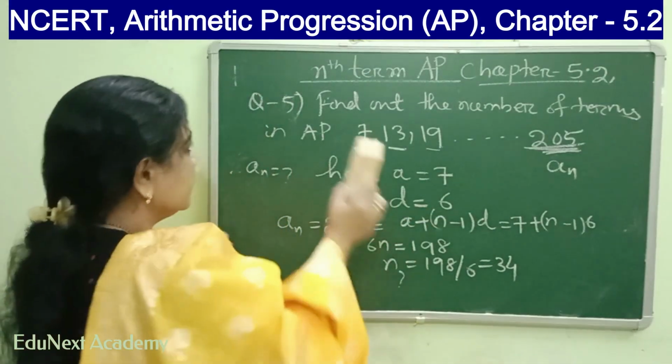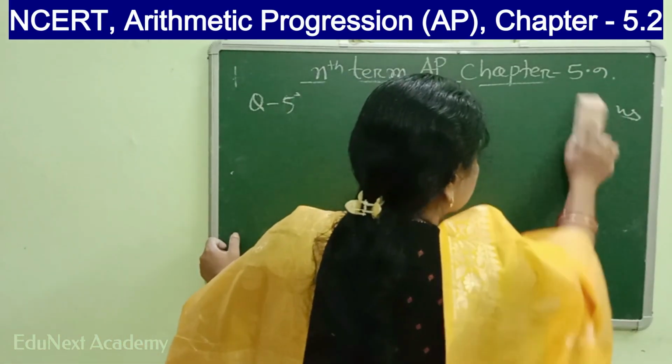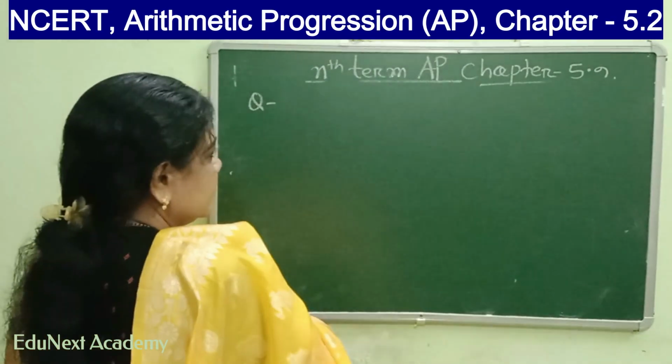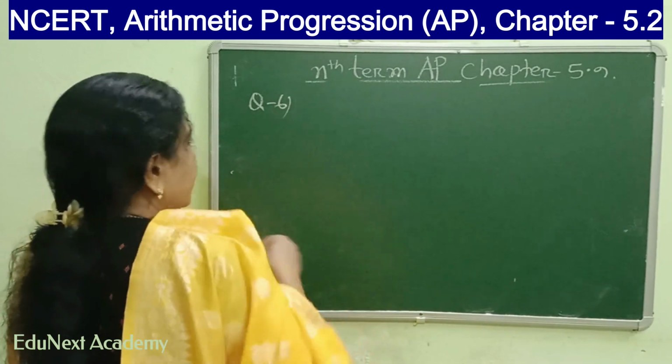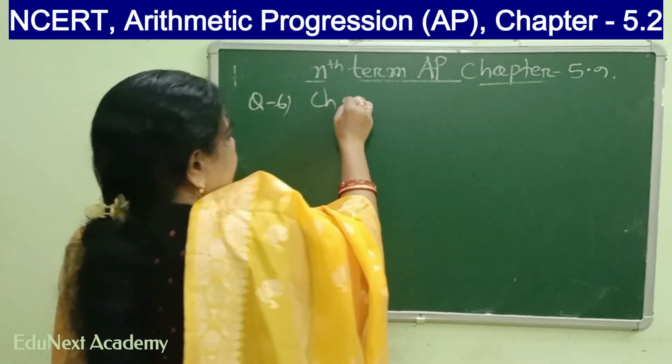Next, let us solve question number 6. Question number 6 is very important because we have to check the condition for a sequence to be an AP or not.